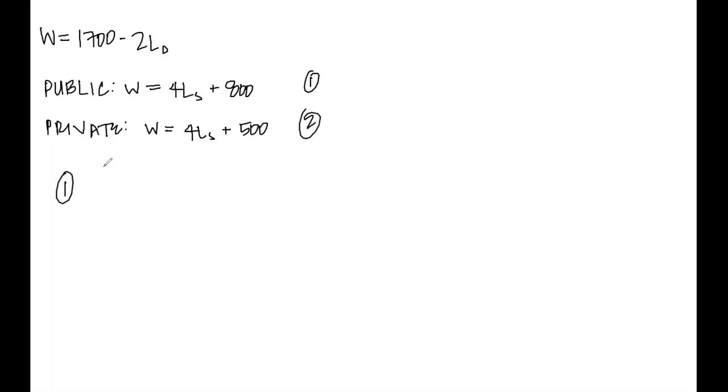So for 1, we can just set our demand equation equal to our supply equation. Subtracting 800 from both sides, we get 900 on the left. And then adding 2L to both sides, we get 6L on the right. Dividing each side by 6, we get an equilibrium level of employment of 150.